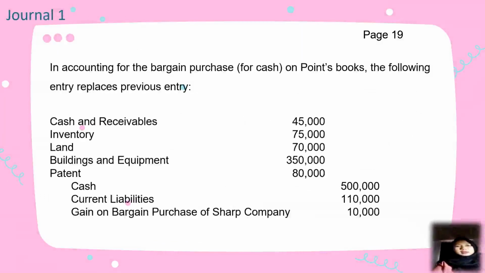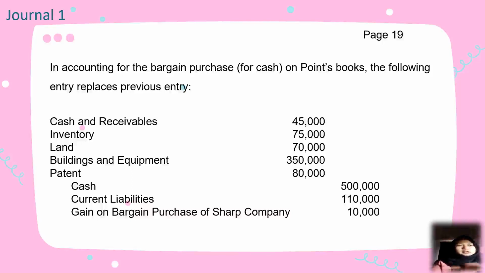And you can see it in Journal 1. In accounting for the bargain purchase for cash on Point's books, the following entry replaces the previous entry. Cash and receivables, inventory, land, building and equipment are on the debit side, and the cash, current liabilities, and gain on bargain purchase for Sharp Company are on the credit side.